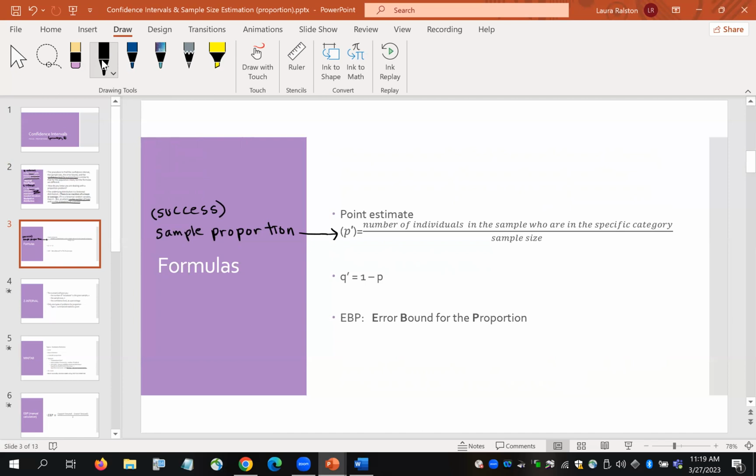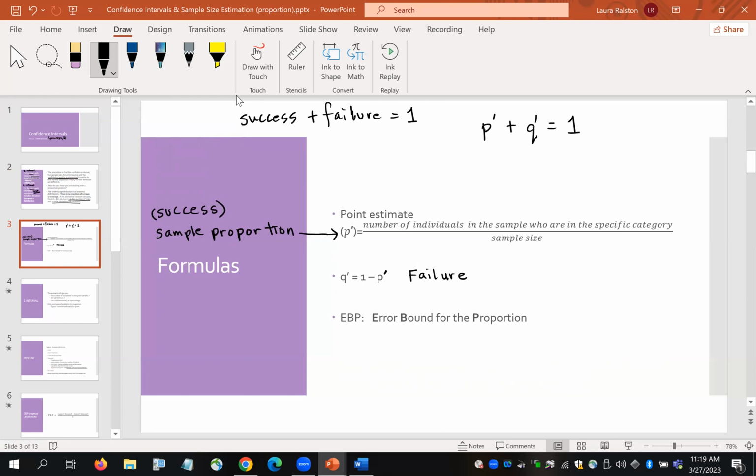If you have a success, then you also have the opposite, which is the failure, Q prime, which is 1 minus P prime. So the two together, success plus failure, have to total 1. P prime plus Q prime have to total 1, because remember, 1 in terms of probability means something's going to happen.